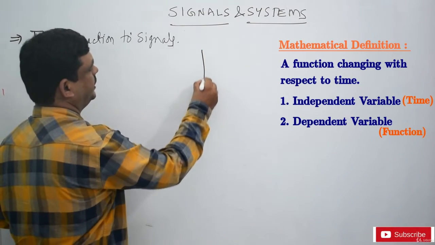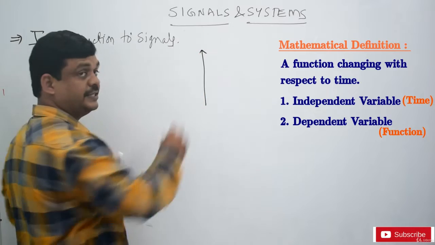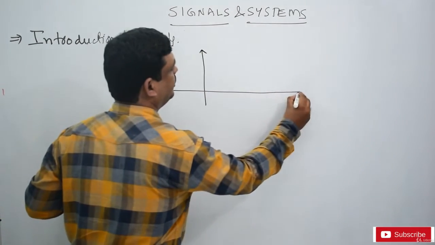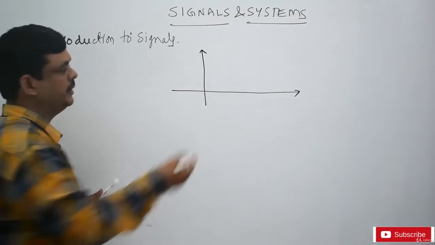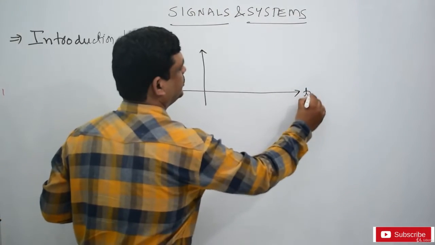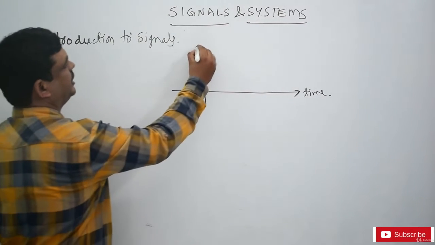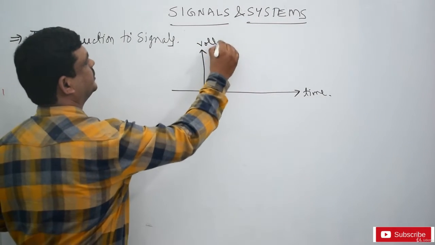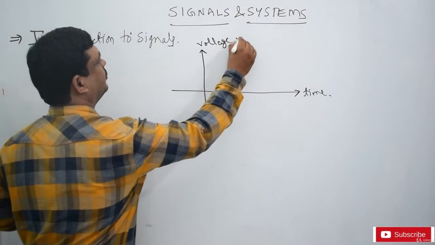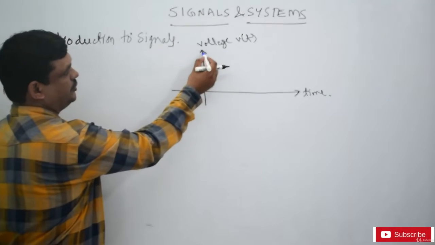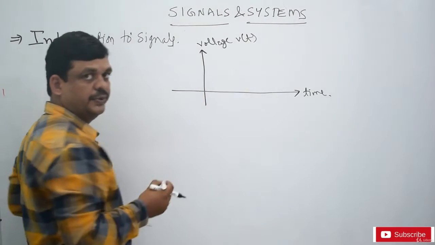See, one variable is here, the dependent variable, the y-axis variable, and the x-axis variable should be the independent variable. Now I am assuming this is time. So the name of the function, I am taking here voltage. So V of t I am writing now. This voltage is changing with respect to time.